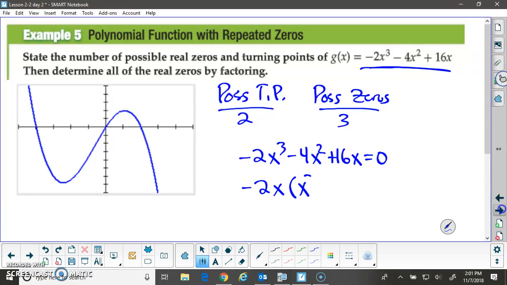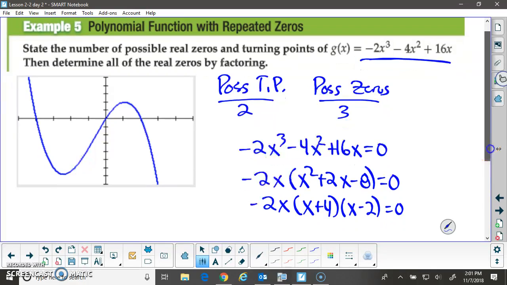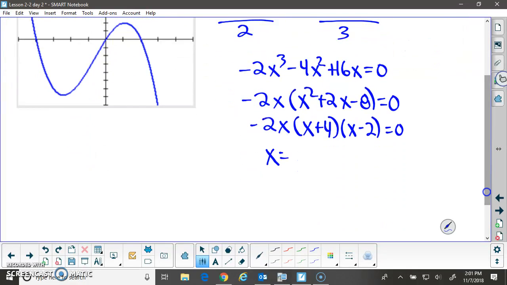It leaves us with x squared plus 2x minus 8. That can be broken down then into positive 4 and negative 2, which means my solutions are 0, negative 4, and 2.